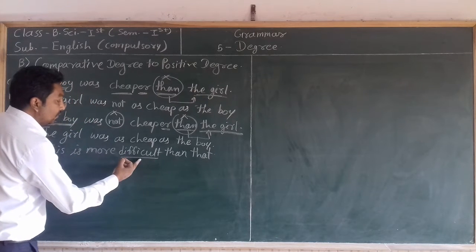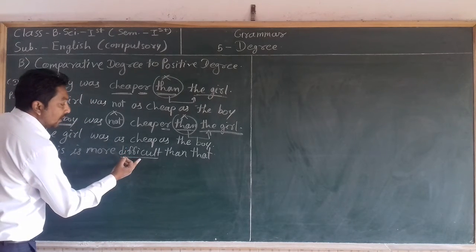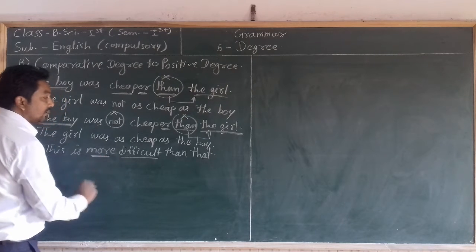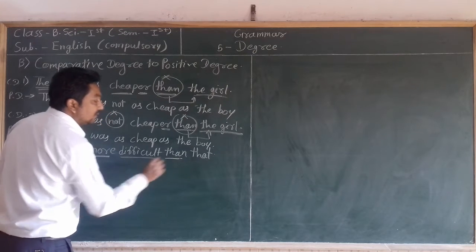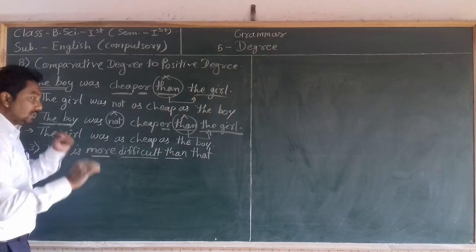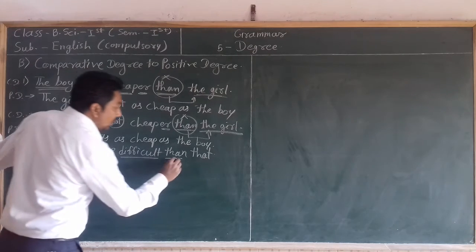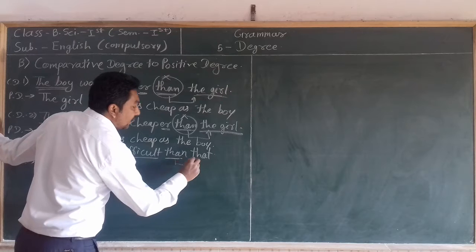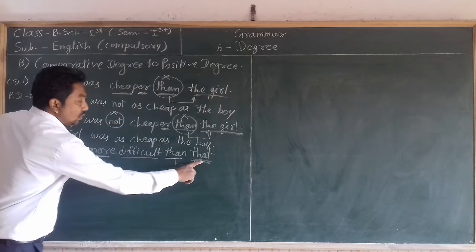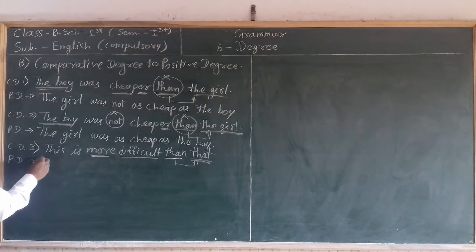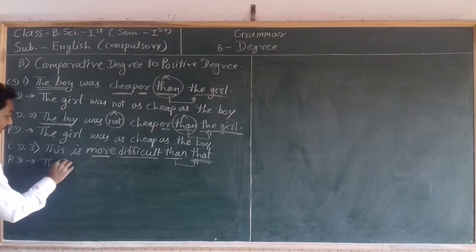If in front of the adjective word there is given more, and after that word there is given than, this is a comparative degree sentence. And if you are asked to transform this sentence into positive degree, how can we transform it? First see what is given after than. There is given that. So take this object as the subject of positive degree, that.